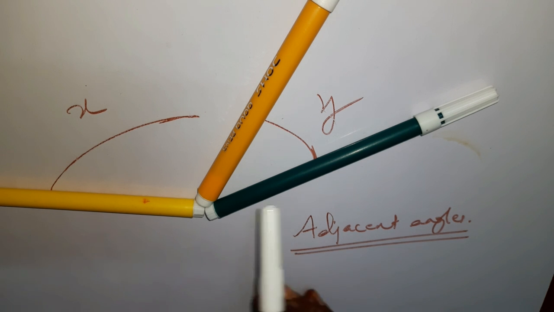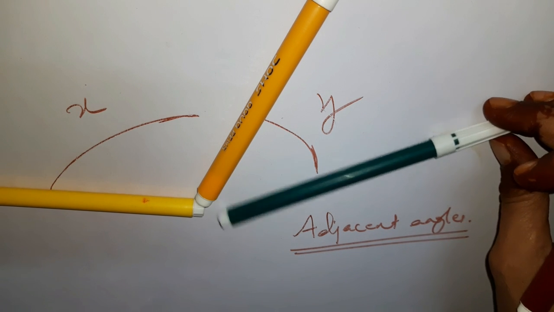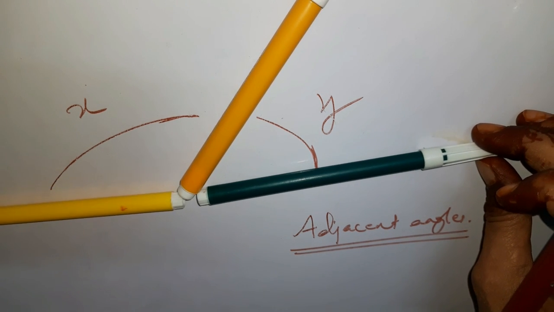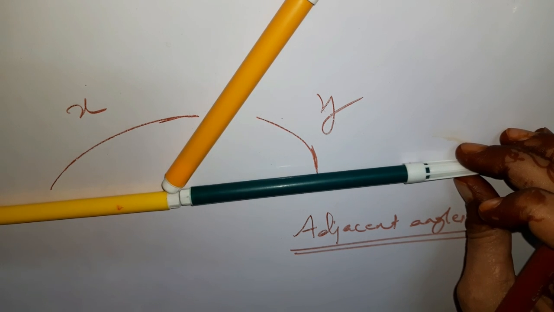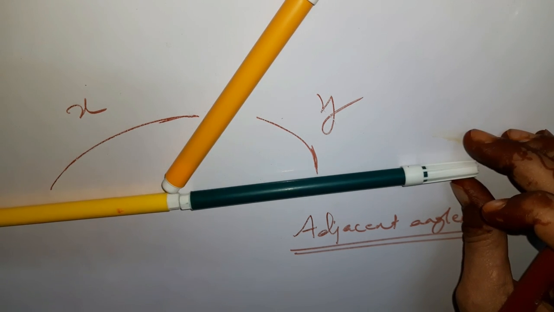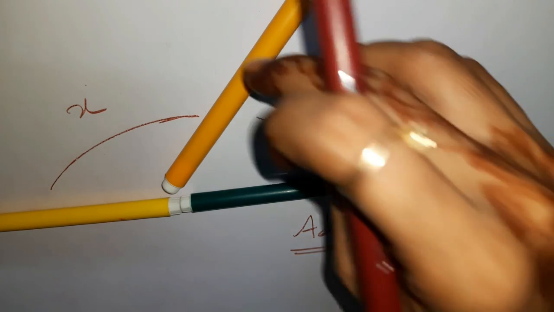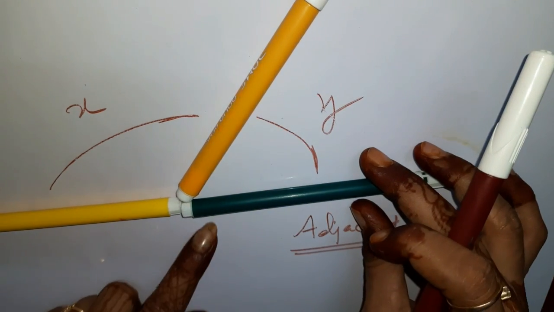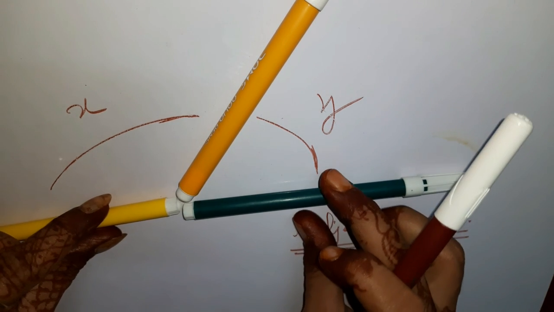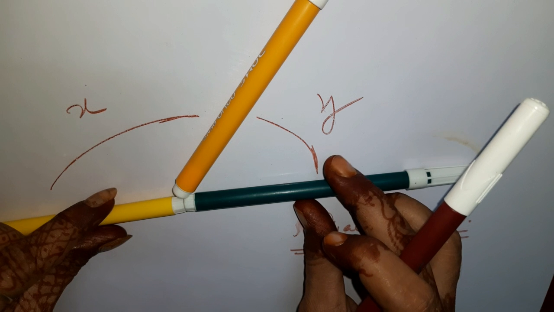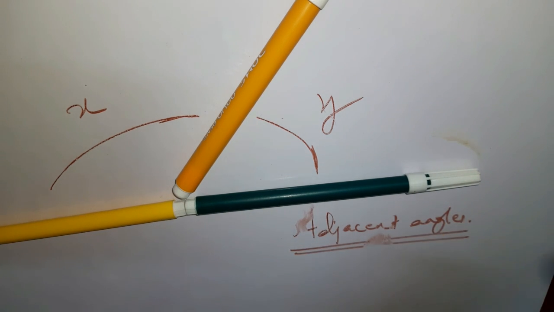Now what else can we find out of this? If I just take this green colored sketch pen and bring it in such a way that again I get a pair of adjacent angles, what new thing has been done over here?